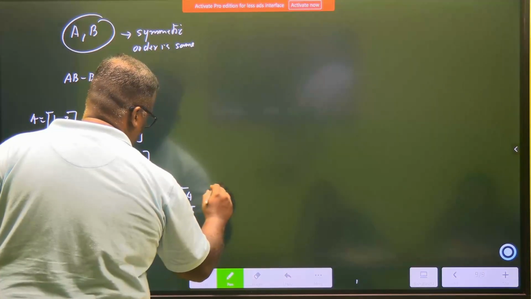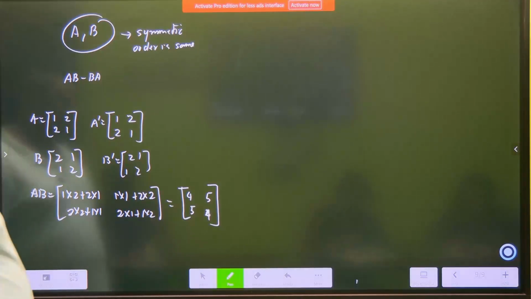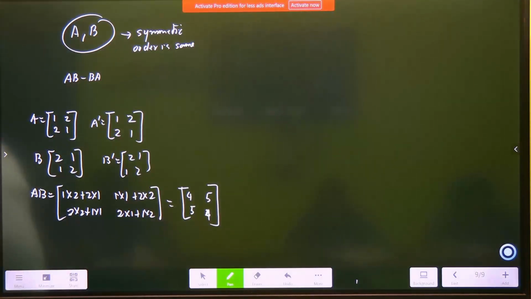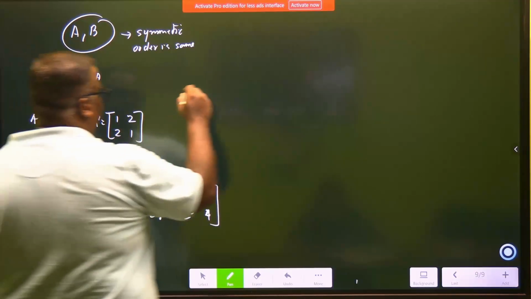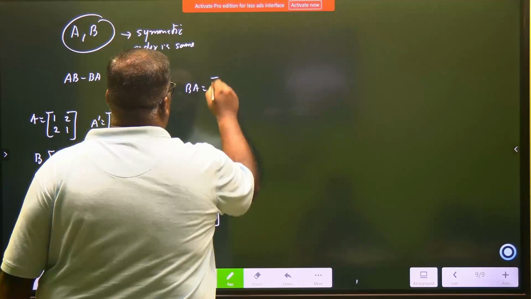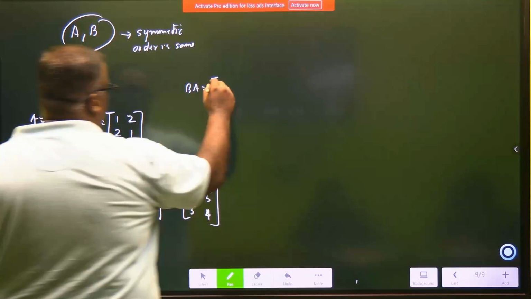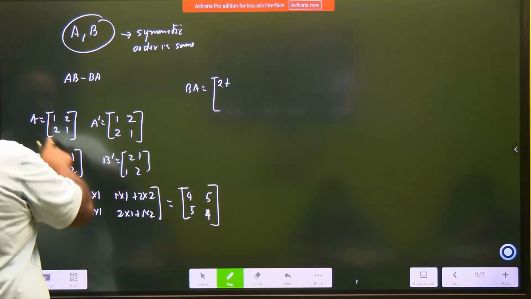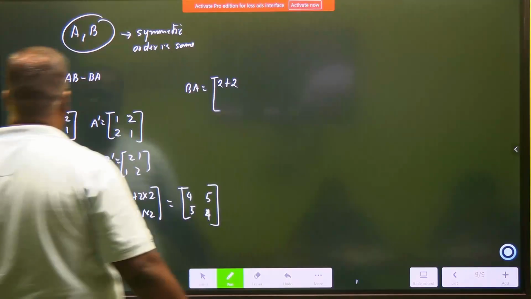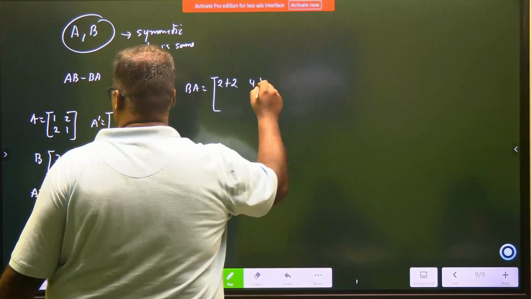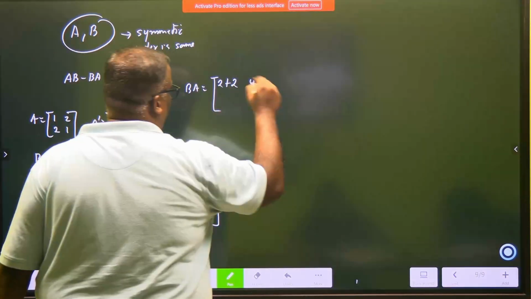So what do you have to check? AB minus BA. AB I have done, BA you do. BA would be what? 2 into 1 is 2 plus 1 into 2 is 2. Then 2 into 2 is 4 plus 1 into 1 is 1.